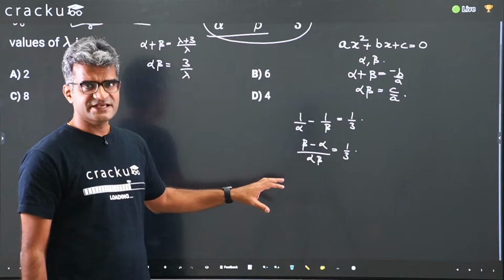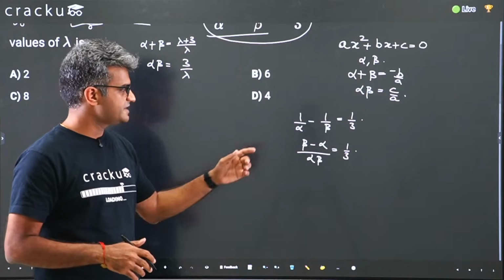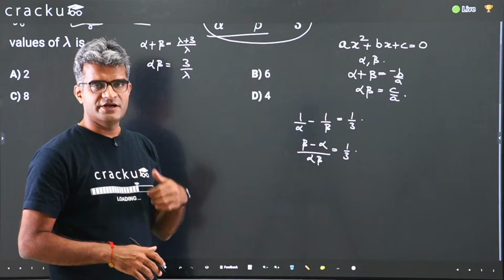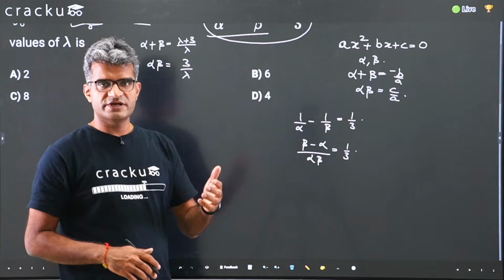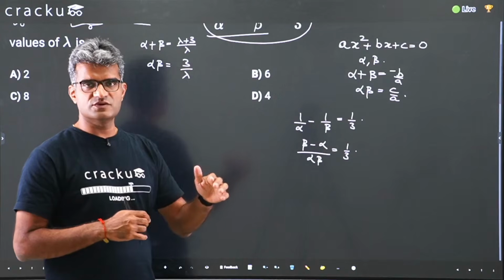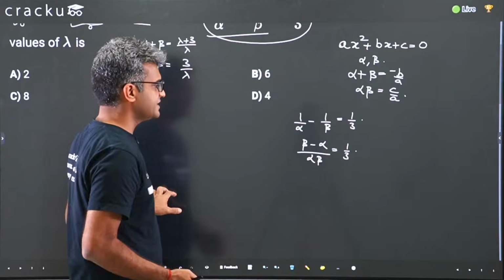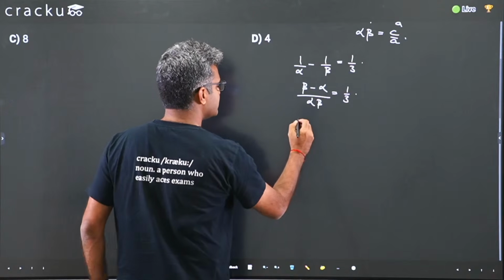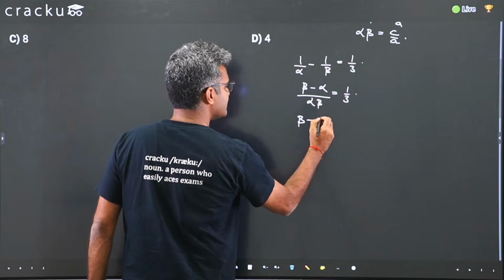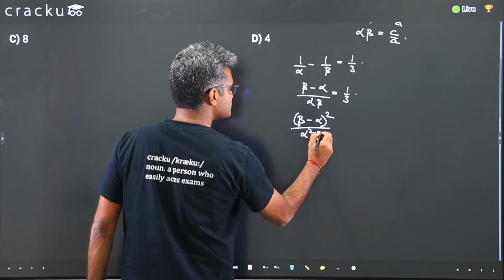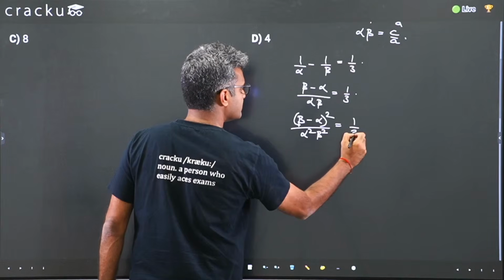In a quadratic equation, if you are getting the difference between the roots, in this particular case beta minus alpha, it is easy to square it, because then you can express the difference between the roots in terms of the sum and product of the roots. Squaring it, we get (beta minus alpha) whole square divided by alpha square beta square is equal to 1 by 9.